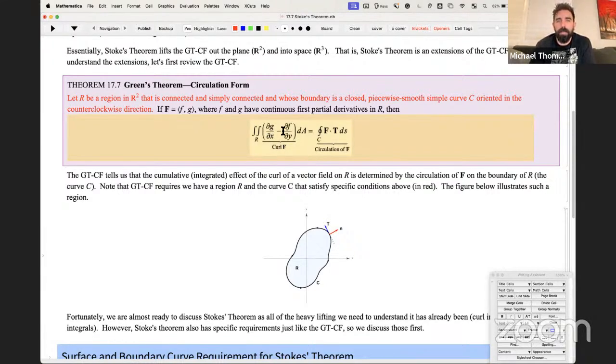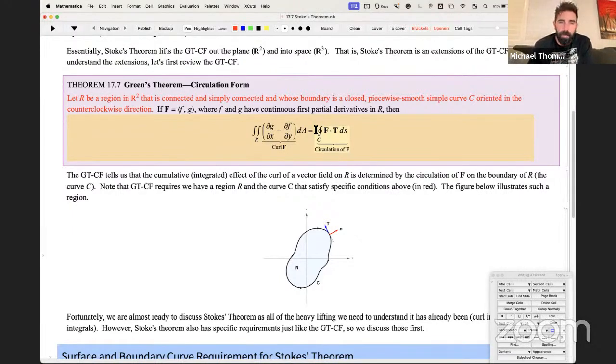It basically says that if you take all the tiny rotations inside R, that's the curl at every point in R, and you add them all up, that's what an integral is. You add them all up across R. What happens is all the ones on the inside cancel, and what you're left with is all of the tiny rotations on the boundary, which collectively make up the circulation of the vector field on C, the boundary curve. C is the boundary of R.